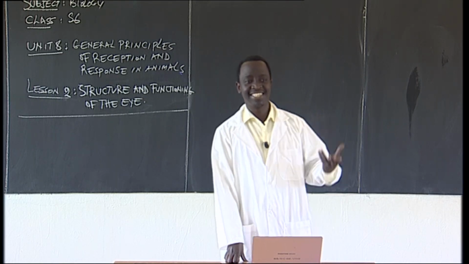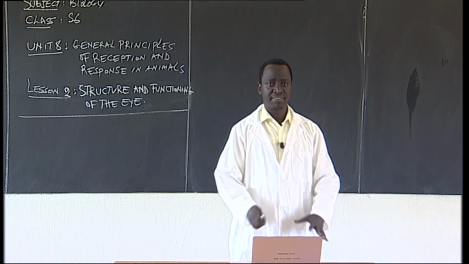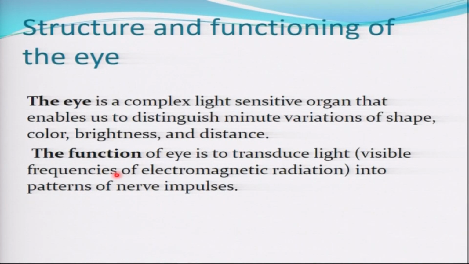That is the eye. What is the general function of the eye? It is to transduce the light, or visible frequency of electromagnetism, into the pattern of the nerve impulse. Actually, this eye has photoreceptors that are located on the retina.